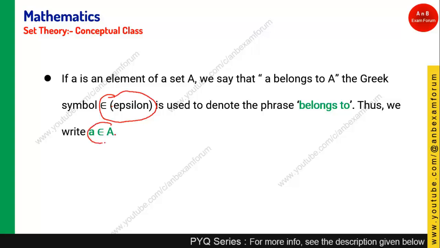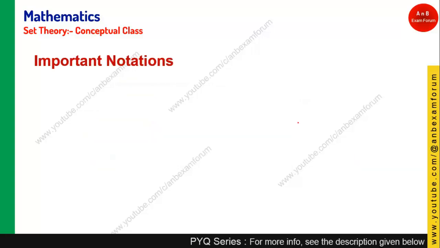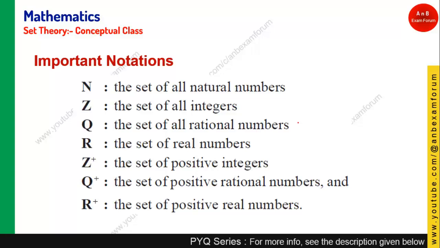The small a belongs to A means the member a belongs to this set A. Similarly, if it doesn't belong, we write b does not belong to A. Instead of this epsilon, you are crossing the epsilon, so it means it does not belong to that set. These are a few notations that you should remember. In the exam they can use this notation, so with the help of that you can take your decision.